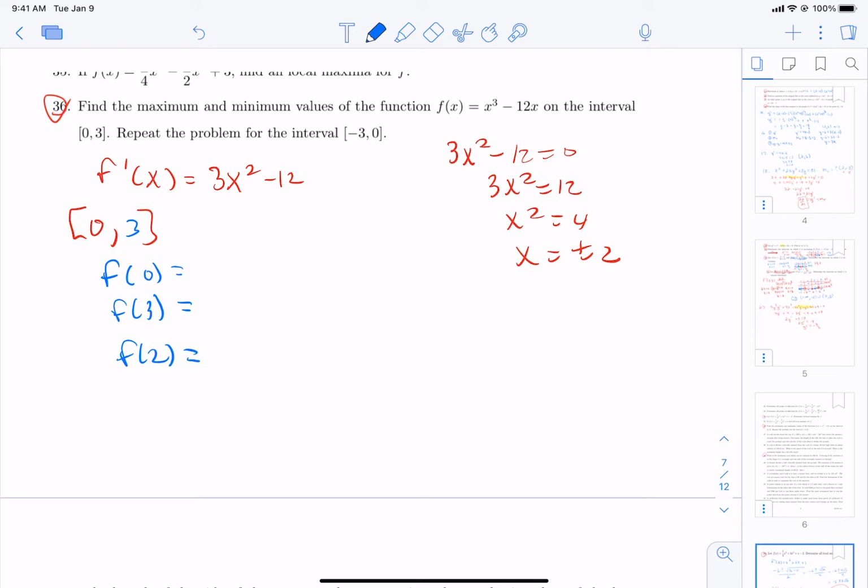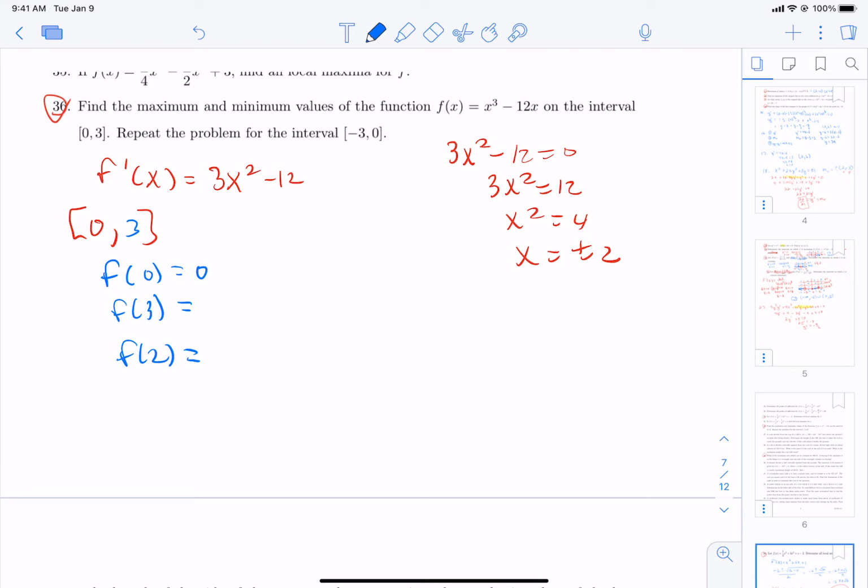So when we do the problem the first time on the interval from 0 to 3, we use 0, 3, and 2. Now, one of the things I remember when you took a test on this stuff is you didn't plug back into the original. We're looking at the maxes and mins for the original. So if we plug 0 in, we get 0.